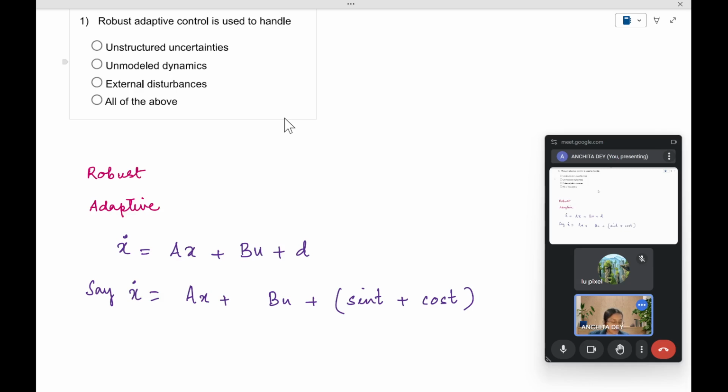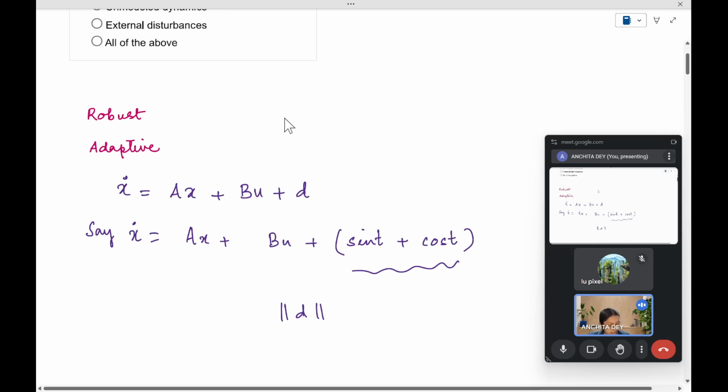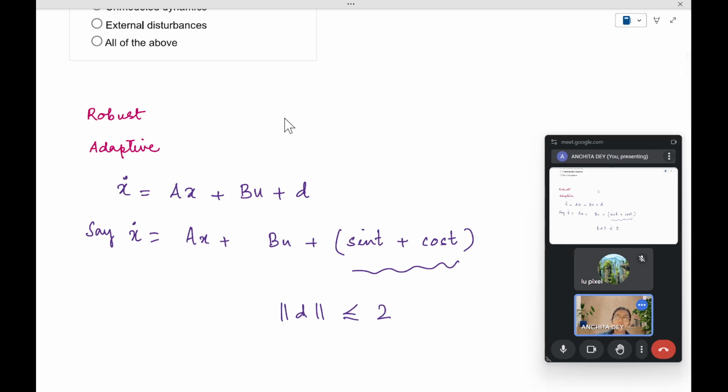For example, if it's sine t plus cos t, then it would always lie in a range, because sine t is between -1 and 1, and cos t is between -1 and 1. So at max, they can be between -2 and 2. So you can say in this case that the norm of d is less than or equal to 2. That's the range in which d would be oscillating.